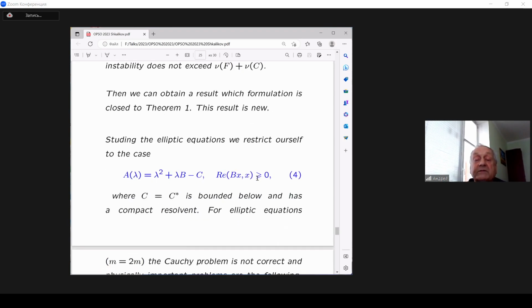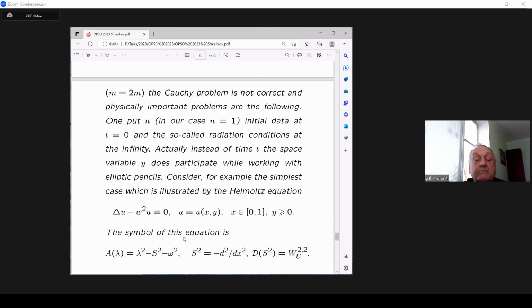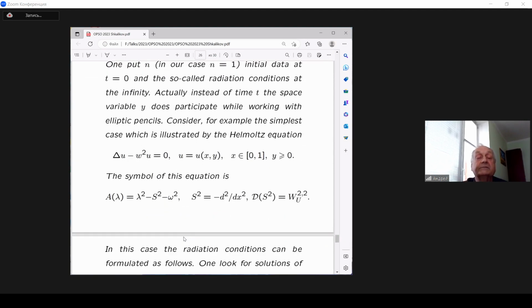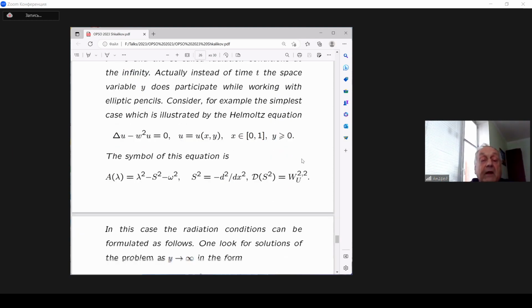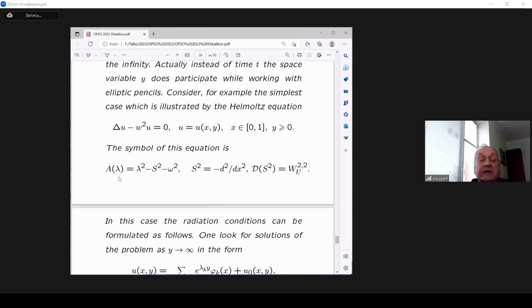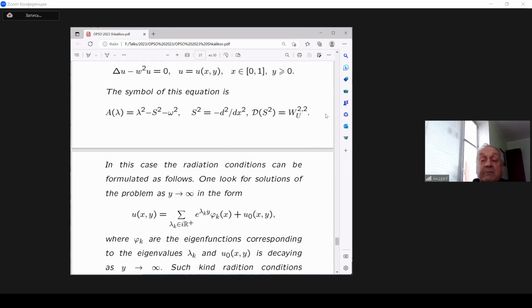They have this form. C is positive. You see here we change the sign of C, and here, as an example, we consider a Helmholtz equation in the semi-strip, x belonging to (0, 1) and y more than 0. The symbol of this operator is this one, where S is the second derivative and the domain of S is a Sobolev space with some boundary conditions.